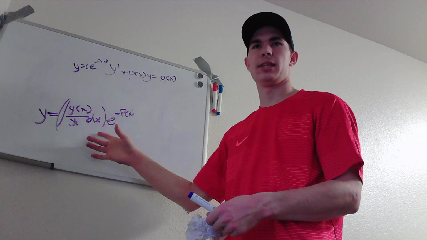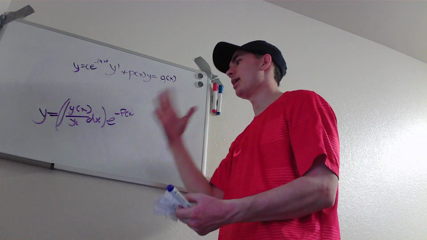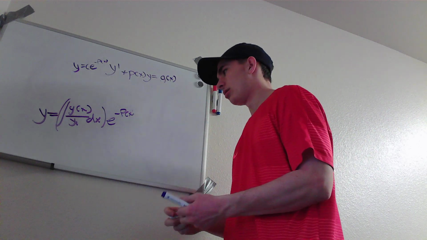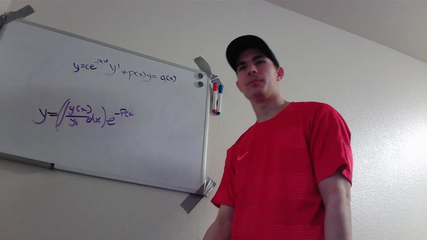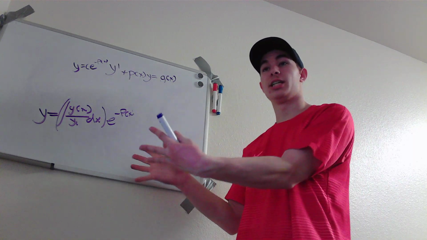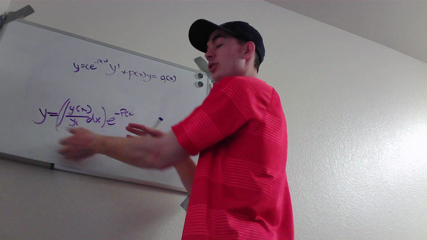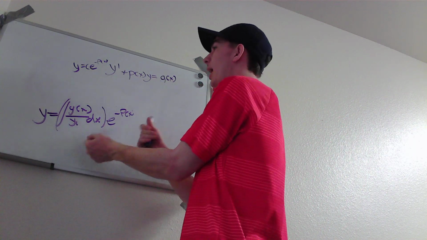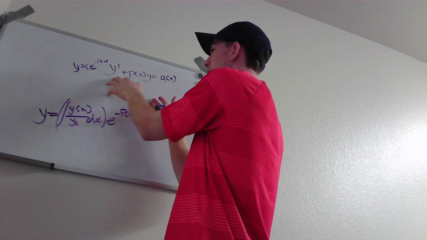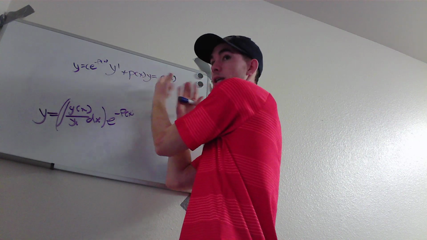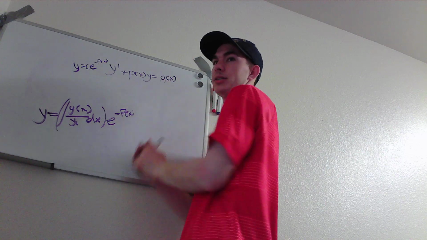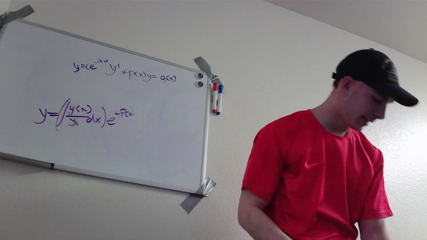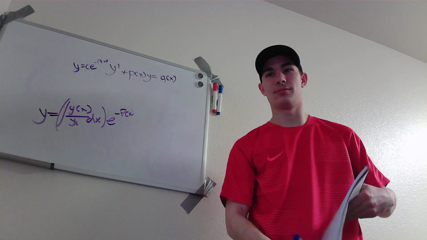This is technically the formula for it. And then to check, you take the derivative of your answer, you plug the derivative of your answer and y into here, and you see if it equals this g of x.